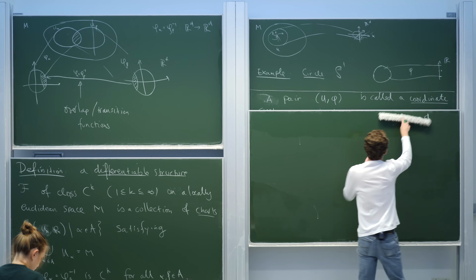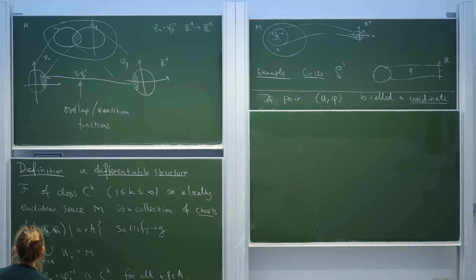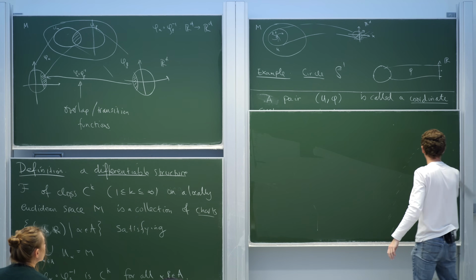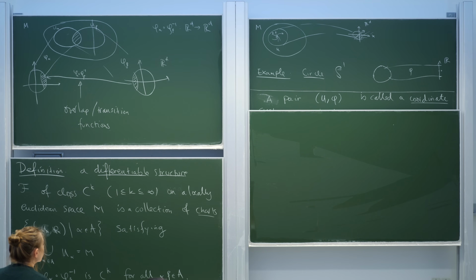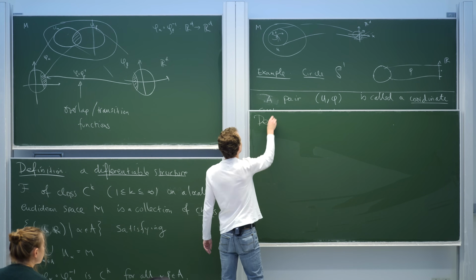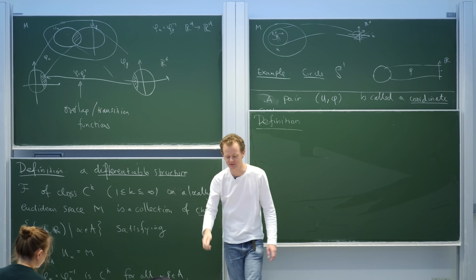And it's kind of clear, right? We have this locally Euclidean space, we have differentiable structures, so a manifold is presumably something that's got both. All right, here it is.